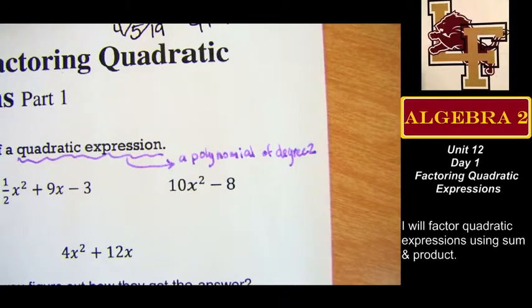That degree 2 means that the biggest exponent that you see is a 2. That's all you need to know. We don't care what the coefficients are. We don't care if there's 1 term, 2 terms, 3 terms. No one cares as long as the biggest exponent you see is a 2.